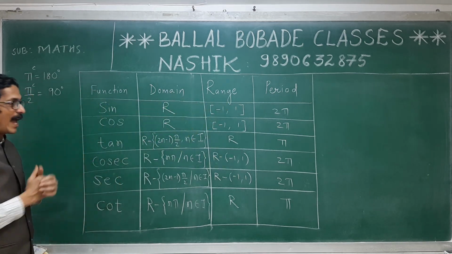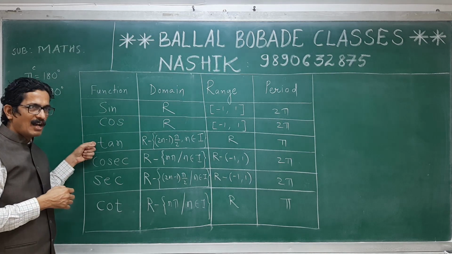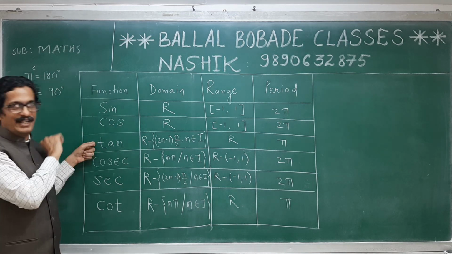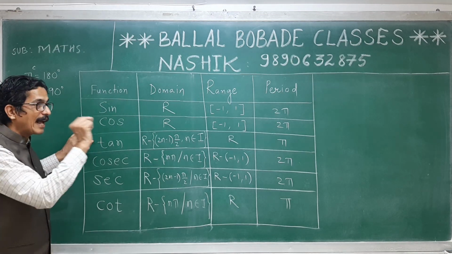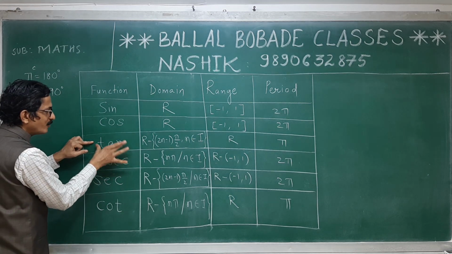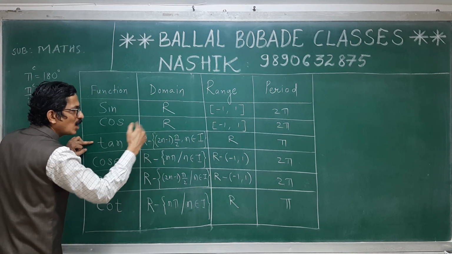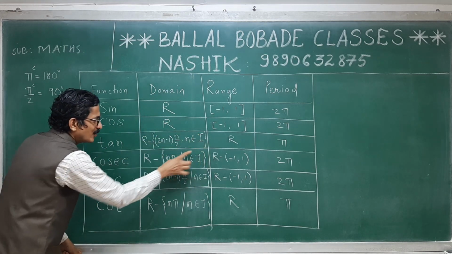But when it comes to tan, as you know, tan theta for 90 degrees does not exist. You must have learned by heart in 10th standard that tan 90 does not exist, and therefore we don't allow tan for angles which are odd multiples of 90 degrees. And this is how it is represented.